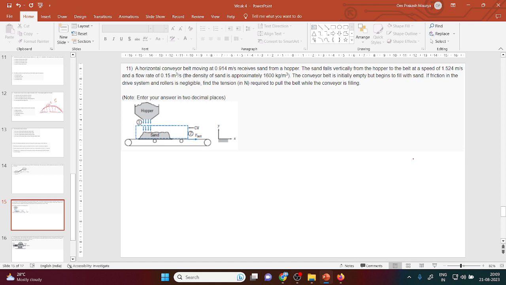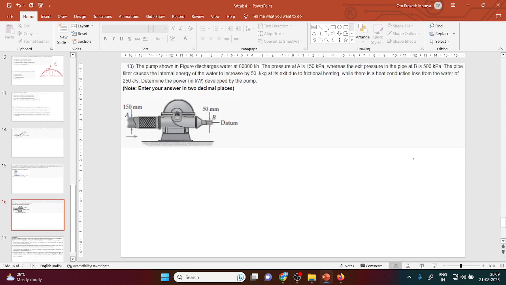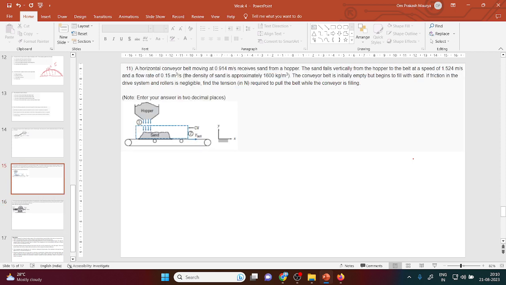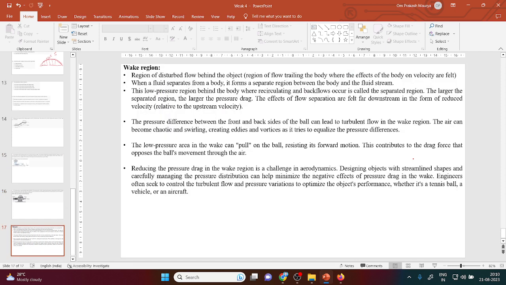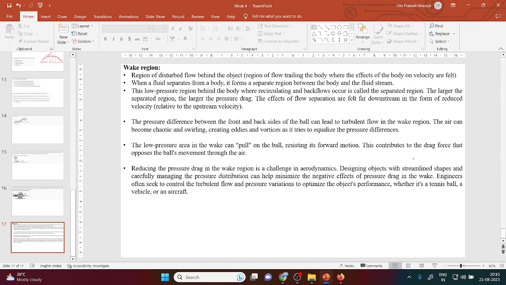Question 11. Question 12, only the figure is given. Here only the pressure and velocity calculation is there. If you go through the question, you will definitely get the answer. Some note is there. If someone wants to take a picture, you can take it.